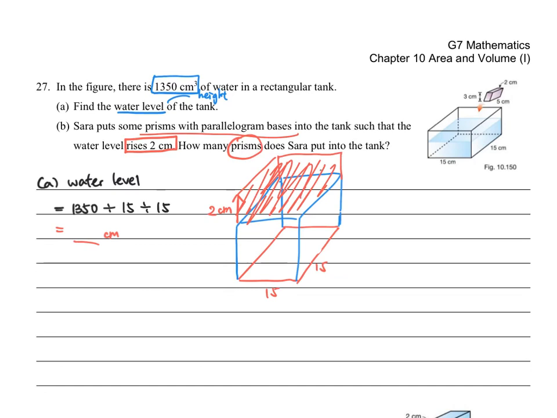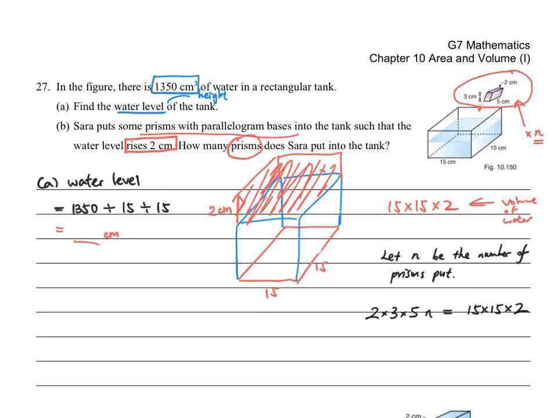You can calculate it by 15 times 15 times 2. This is the volume of water displaced. So how many prisms of parallelogram base have been put inside the tank? You can find out the volume of one of these first and then multiply by n. What is n? The number of prisms. So you can make an equation like this.